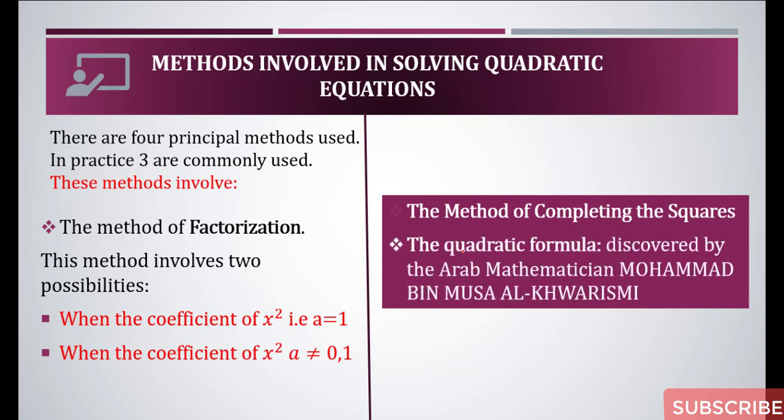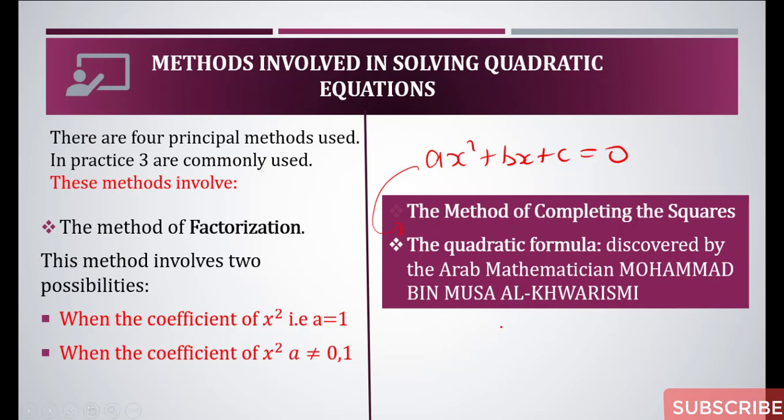The quadratic formula is simply a derivation: completing the square of the equation ax squared plus bx plus c equals 0 and making x the subject of the formula leads to the quadratic formula. The quadratic formula was discovered by the Arab mathematician Mohammed bin Musa, the author of the quadratic formula.